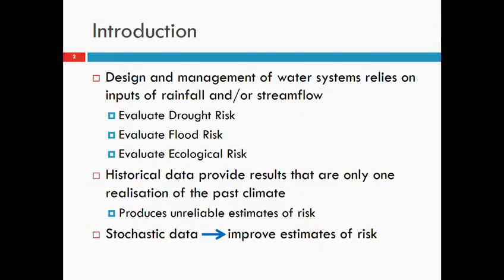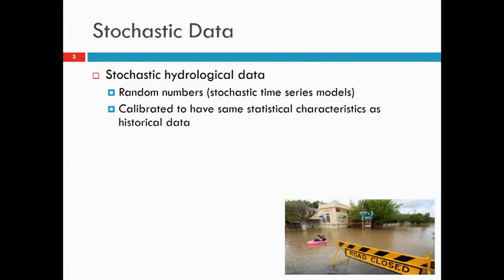So in the end, what we need is a stochastic source of data which gives us multiple realisations to put into our hydrological models to give us improved estimates of risk. So what is stochastic hydrological data? Its simplest explanation is that it's some random numbers that have been calibrated to have the same statistical properties and problems as our observed time series.